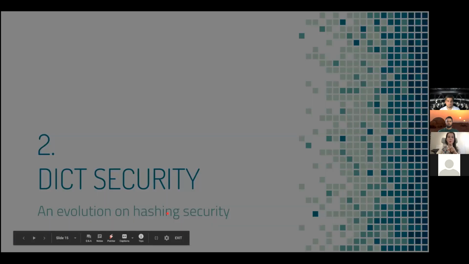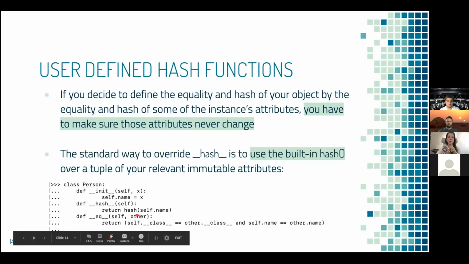Sorry, it's a bit annoying that you cannot click with the pointer. And this is how you usually do it. You could have more than one here, like an n-tuple, that's fine. But this is how you usually would override your dunder hash, with some tuple passed to the built-in hash.